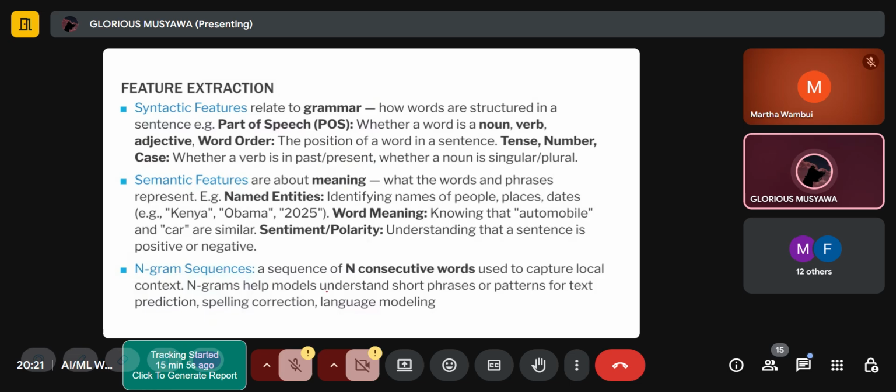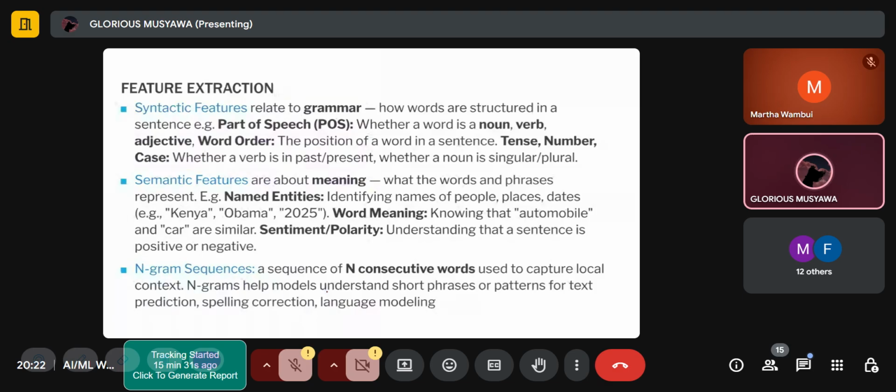In pre-processing and feature extraction, it's important for the machine to understand if this is a noun, how is it occurring in this sentence, and what contribution is it making to the sentence? If it's a verb, is it in the past tense or the present tense? How is it changing the context of the sentence? So these are called syntactic features.